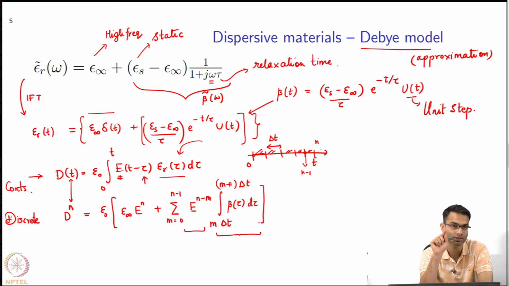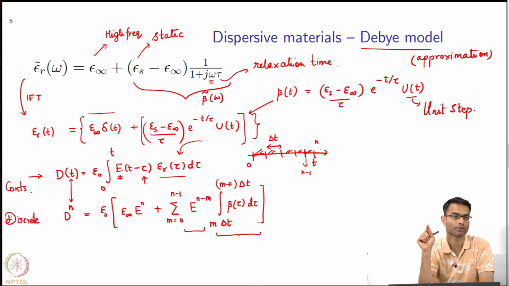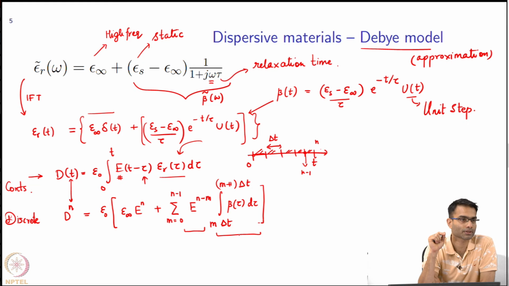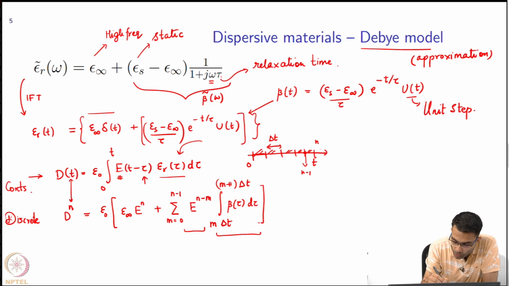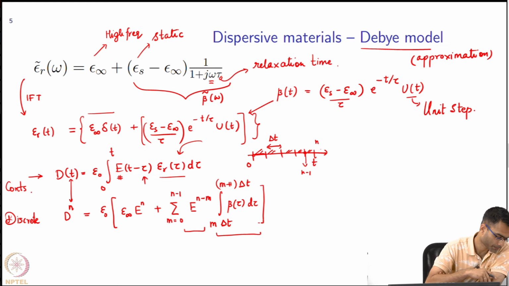So, it needs E 0 to E t. So, the electric field is not constant. Oh, yeah, okay. So, let us just call this tau naught. Good point. This tau naught is a relaxation time that has nothing to do with this variable of integration over here.